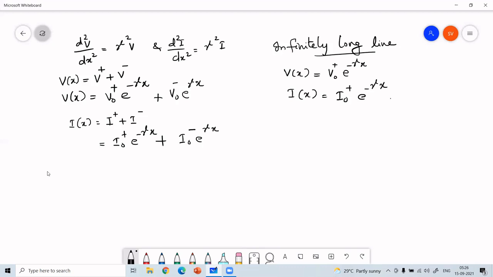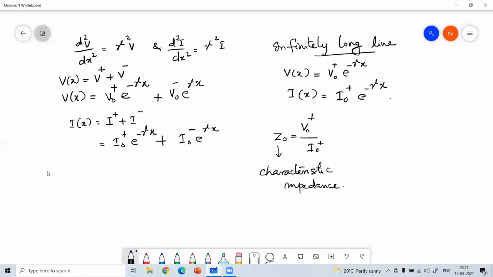Now, if we take the ratio of voltage to the current at any point in an infinitely long transmission line, that is the ratio of V0 plus to I0 plus, that is known as characteristic impedance. So we define characteristic impedance only for an infinitely long transmission line where there is no reflection.